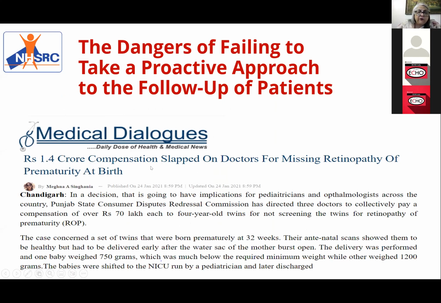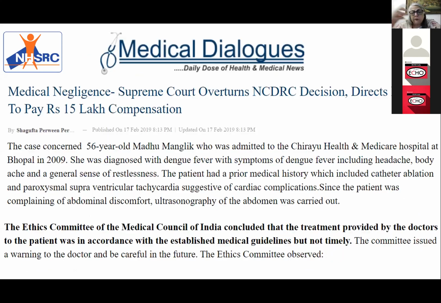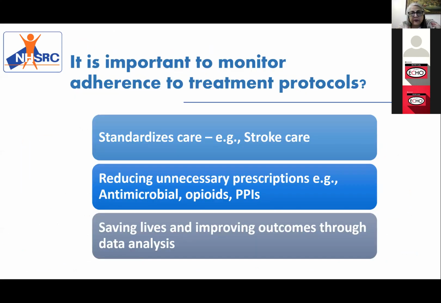In this case, 1.4 crore compensation was slapped for missing retinopathy in a premature neonate. There were various reasons, but follow-up should have been there. Standardized care should be followed. Unnecessary prescriptions should not be given.